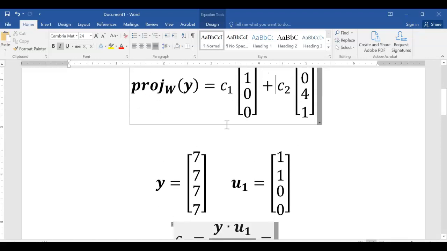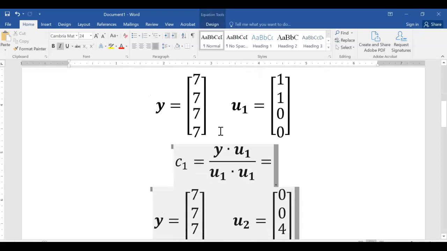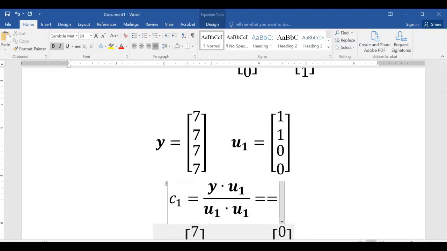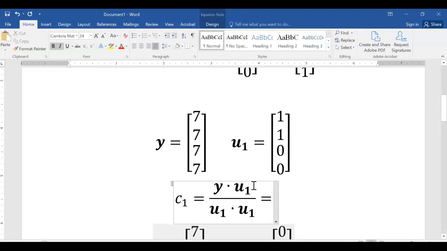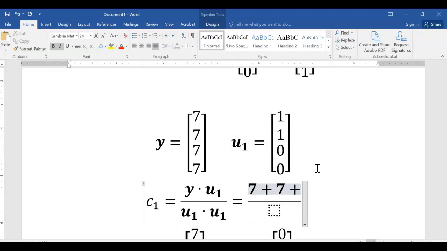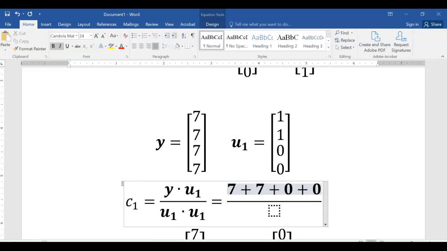That's going to require me to do an inner product of y with U1. And so we're going to go 7 times 1, 7 times 1, 7 times 0, 7 times 0. What you get is 7 plus 7 plus 0 plus 0.